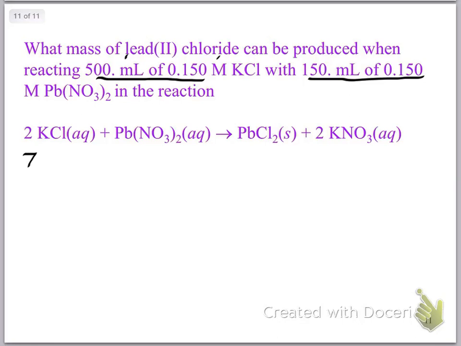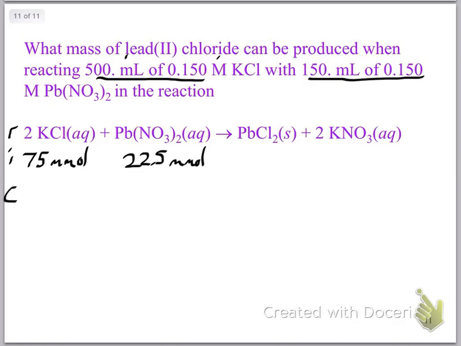So potassium chloride would be 75 millimole. Lead(II) nitrate would be 22.5 millimole.